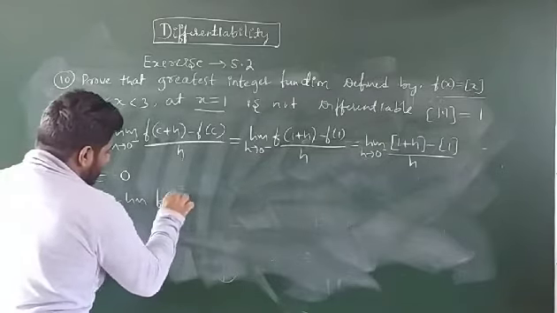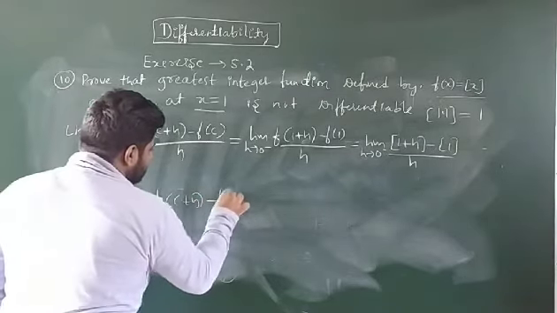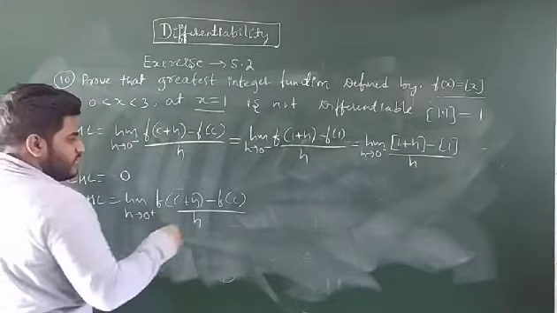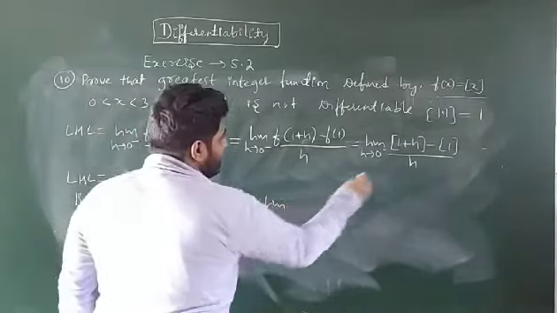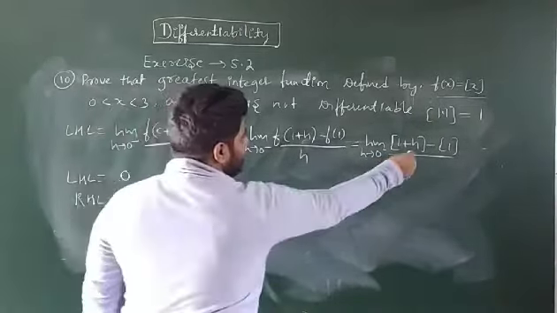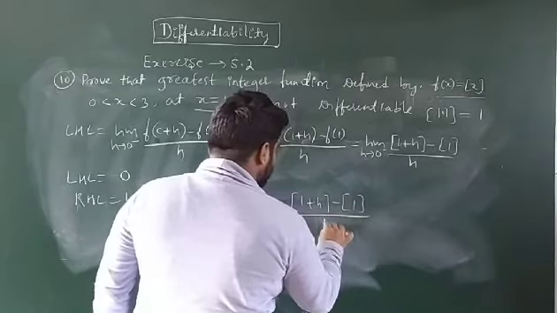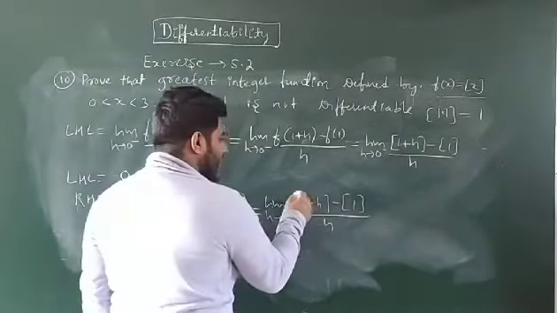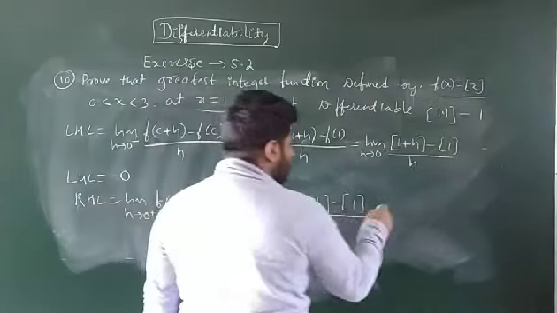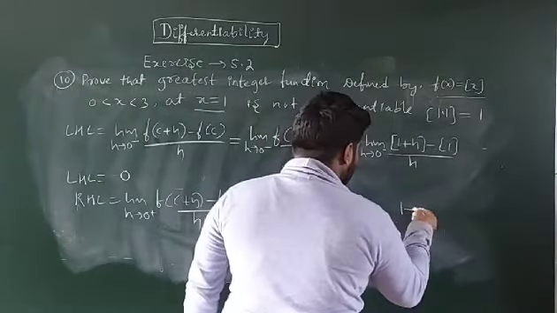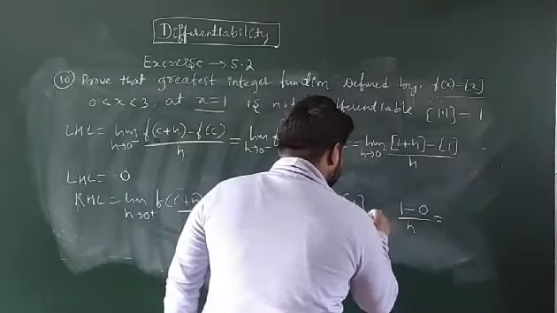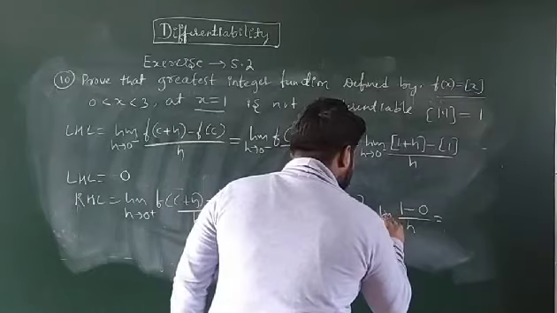Next one, RHL. Limit f of c plus h minus f of c divided by h as h tending to 0 plus, now we have to do. Again same thing, limit, you write this one, greatest integer function of 1 plus h minus greatest integer function of 1 divided by h as h tending to 0 plus. Whenever 0 plus is there, this value becomes 1 and this value becomes 0. 1 minus 0 divided by h, as limit h tending to 0.